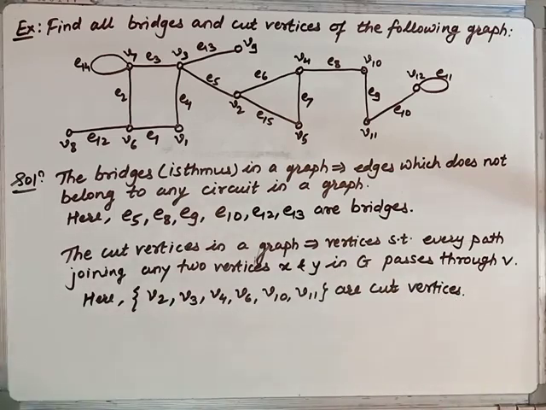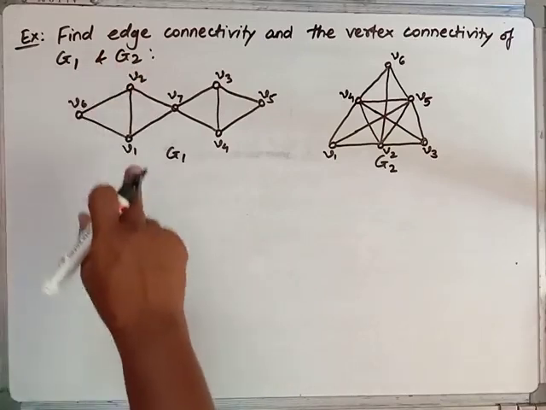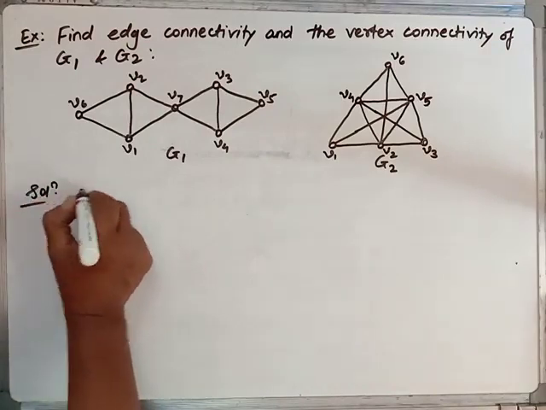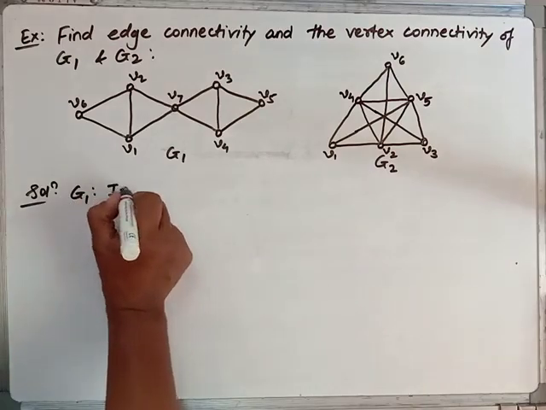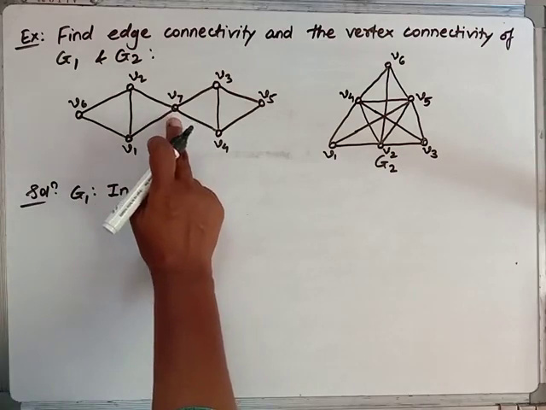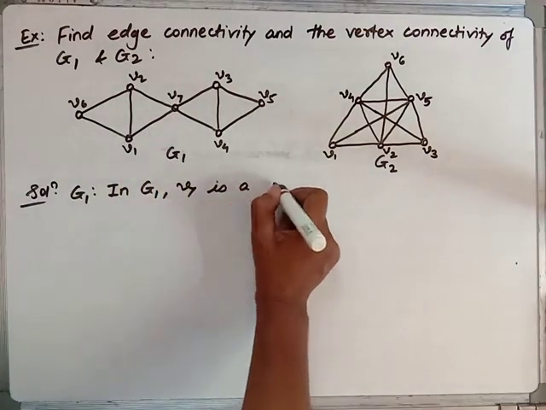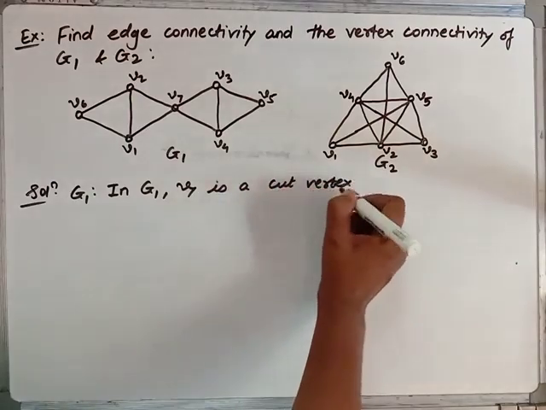Okay. This is an example. Find edge connectivity and vertex connectivity of G1 and G2. G1 and G2 are given here. So solution for G1: in G1, this V7 is a cut vertex.